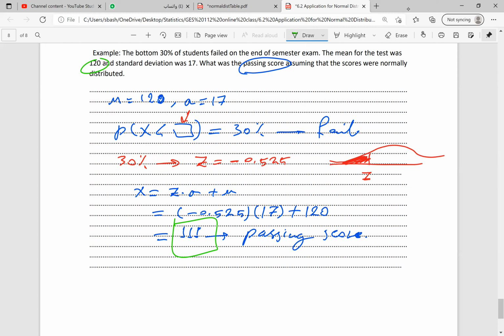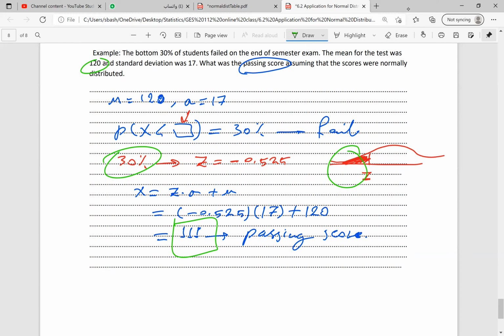So passing score in this exam is equal to 111 based on the mean equal to 120 and the standard deviation equal to 17. Again, we need to find the z-score for the 30% because when they fail, it means they got less than the passing score. So we are speaking about the left area. And this means we are using the direct value given in the table without subtracting from 1.